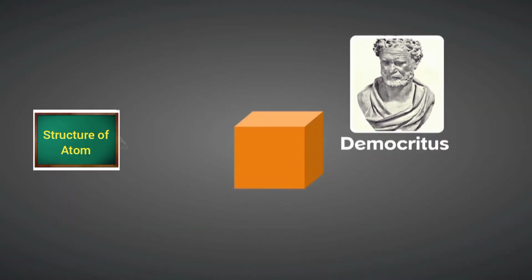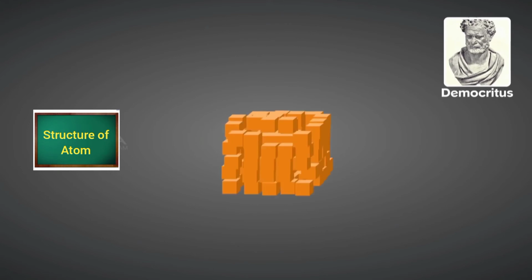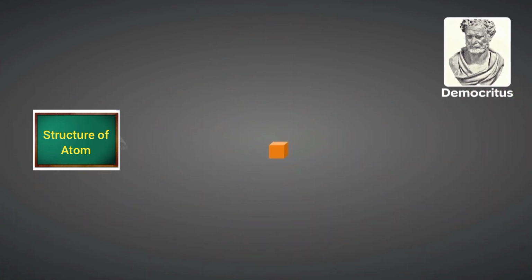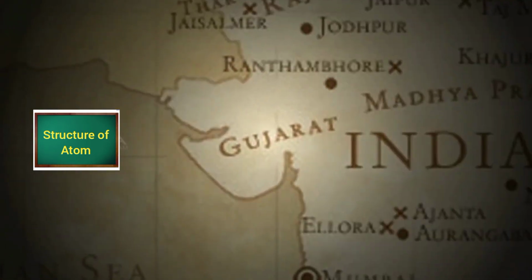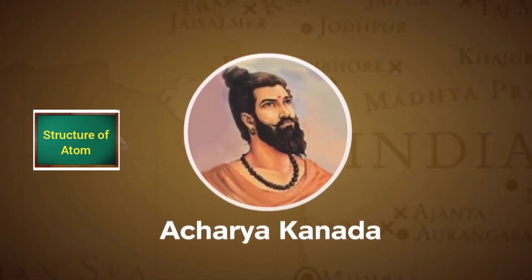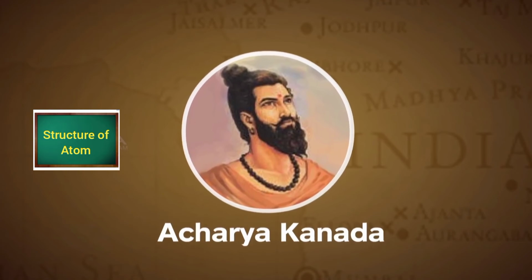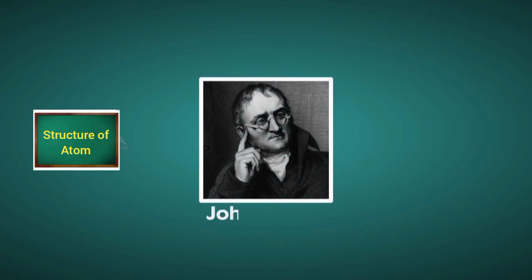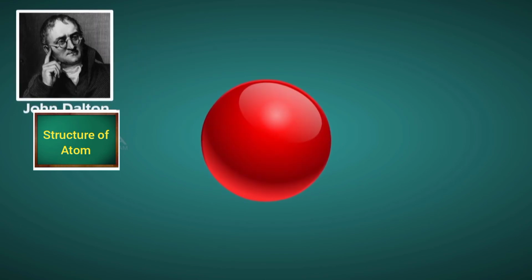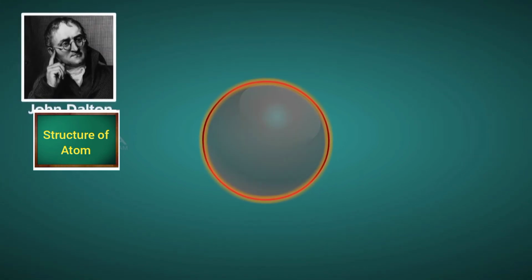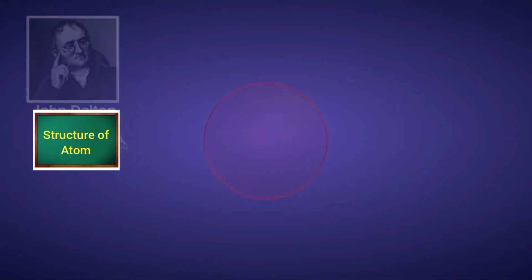Democritus, a Greek philosopher, described the atom as that which cannot be cut up further. Acharya Kanada of India defined the atom as eternal and indestructible and which cannot exist in a free state. John Dalton proposed that the atom was indivisible and indestructible, but this can only be said so if it is not composed of further particles.